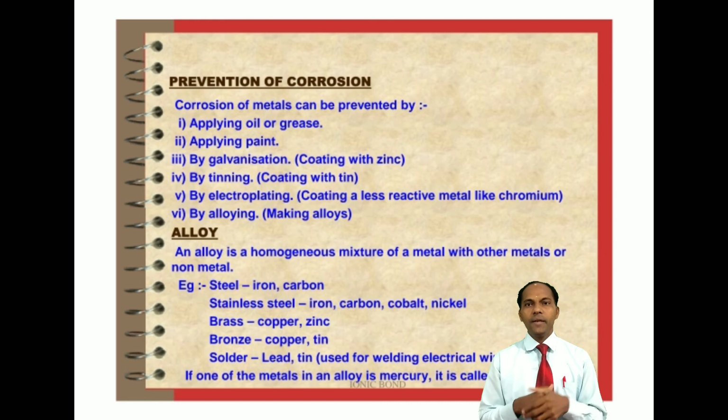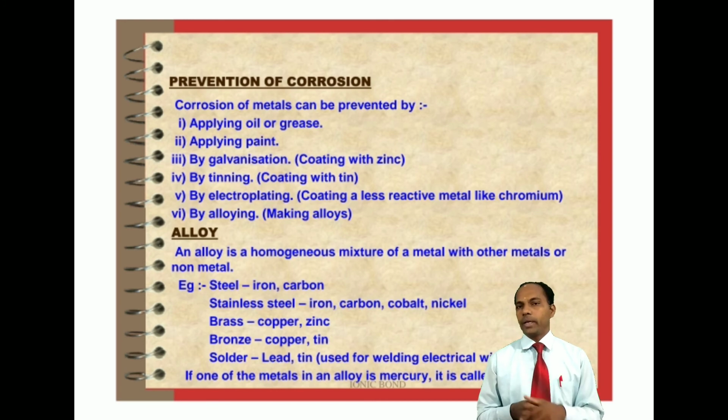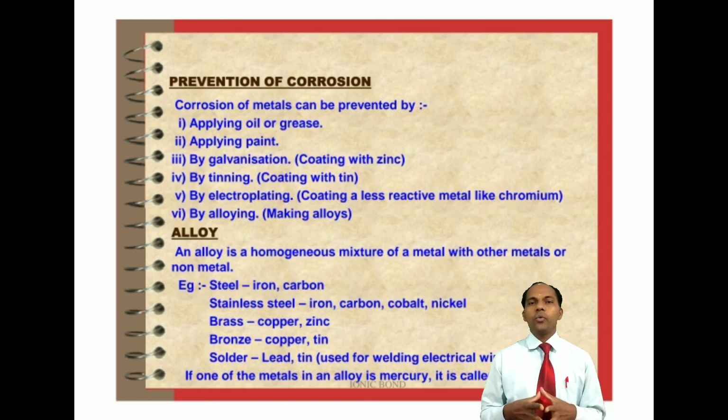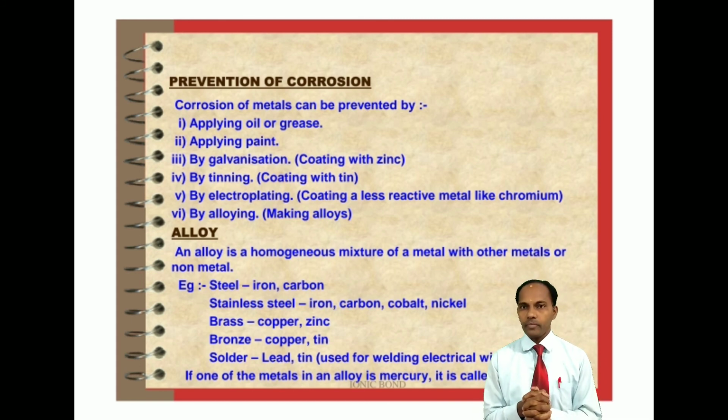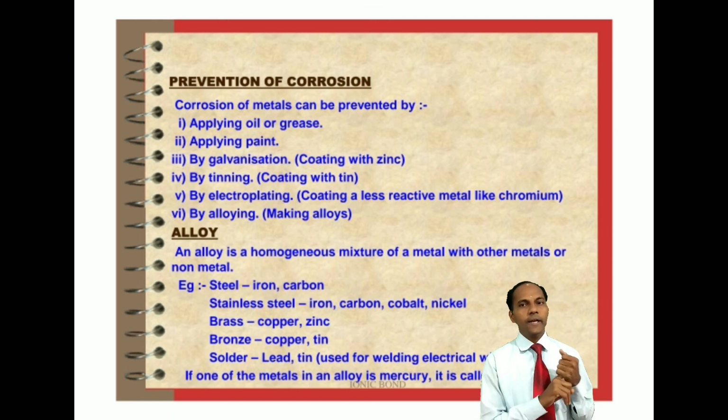And what is alloying? An alloy is a homogeneous mixture of a metal with other metals or non-metals. Whenever we make an alloy, it is very hard, and it also prevents rusting. For example, steel is a mixture of iron and carbon. Stainless steel is a mixture of iron, carbon, chromium and nickel.